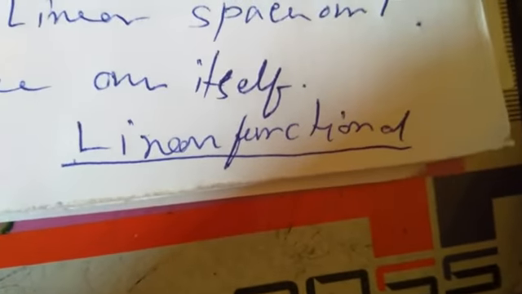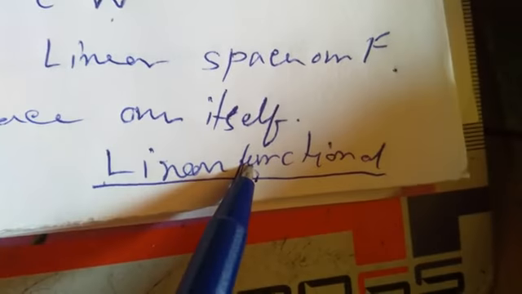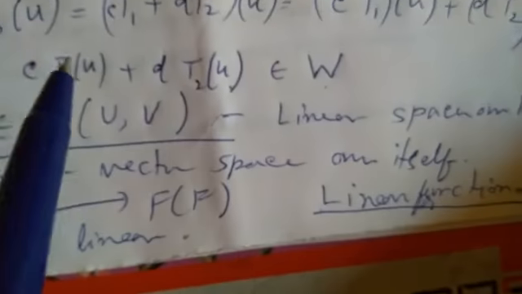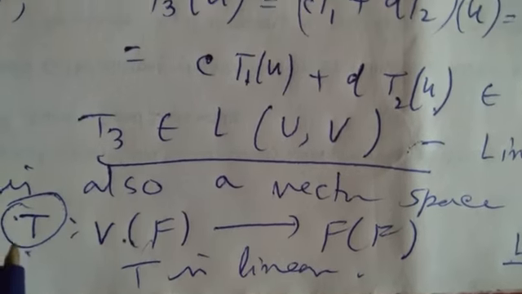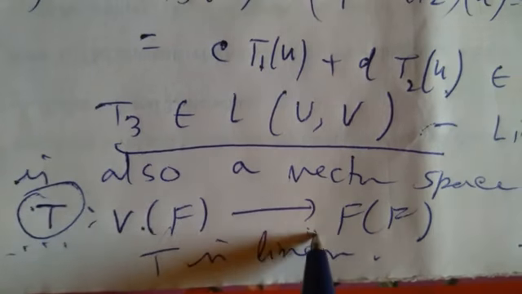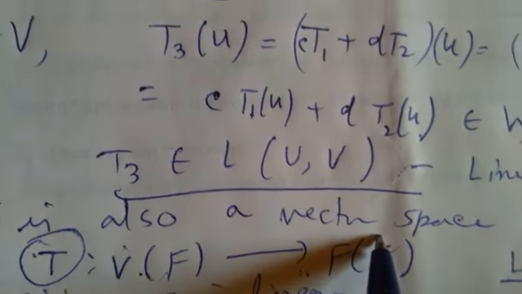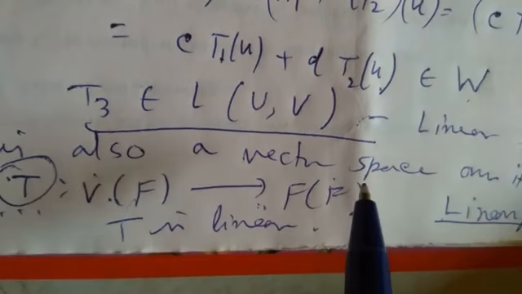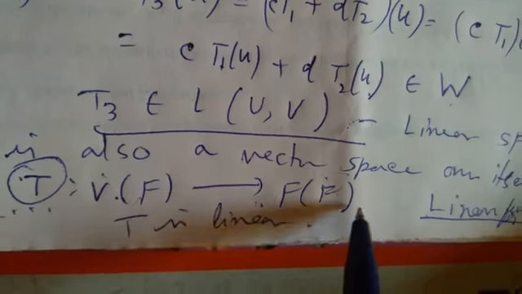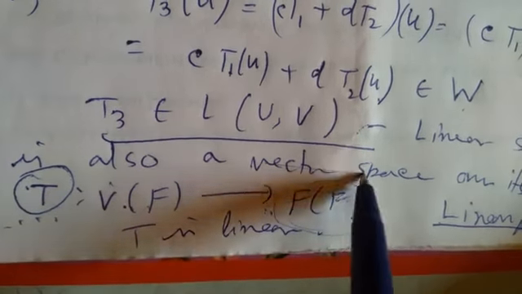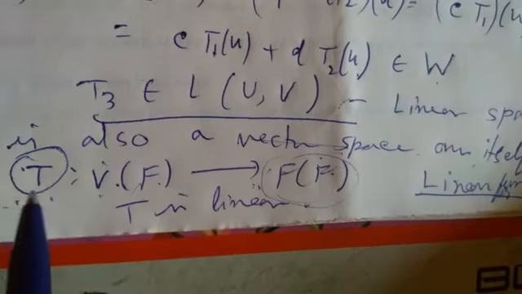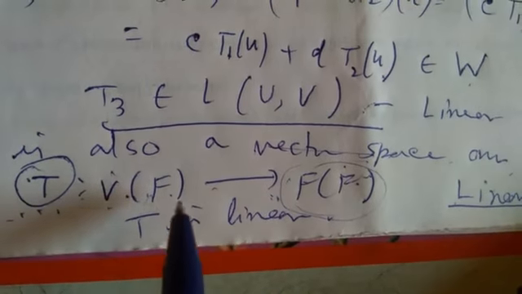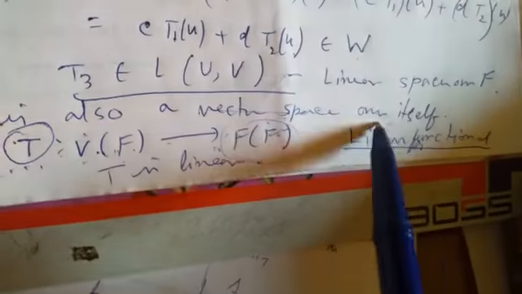So what is a linear functional? A linear functional defined over a vector space V is a linear mapping from V to the field of the vector space V. This is possible because the field is itself a vector space over itself. So F is a vector space over F, and V is a vector space over F, so we can define a linear mapping from this to this. So this is called a linear functional.